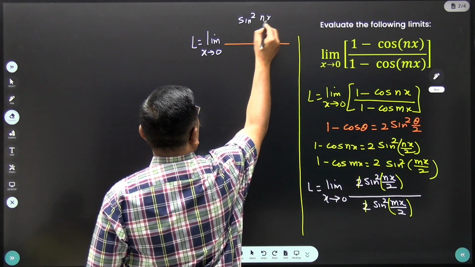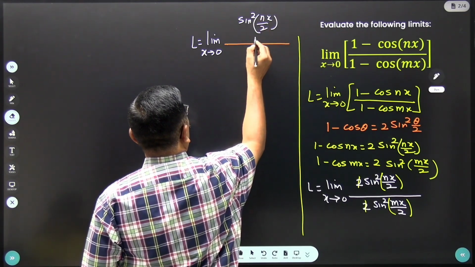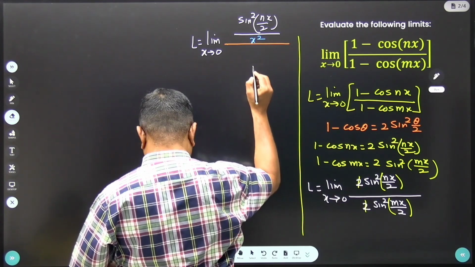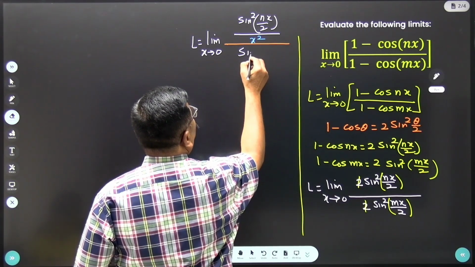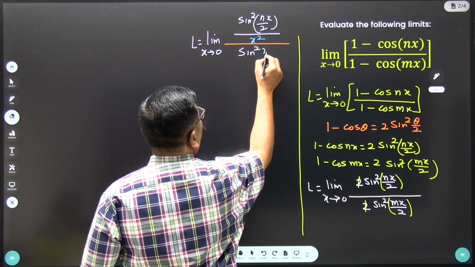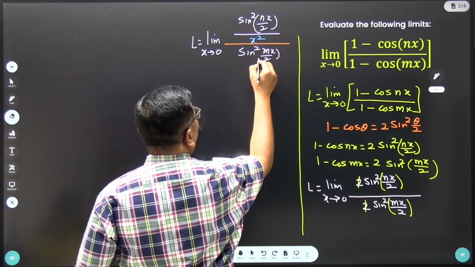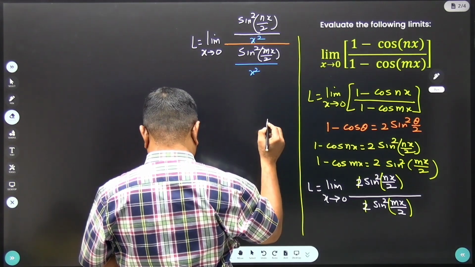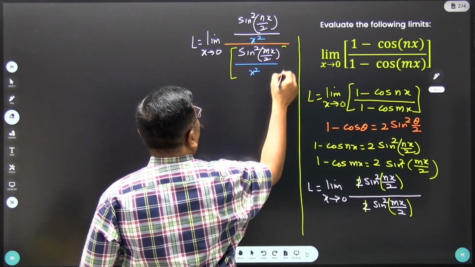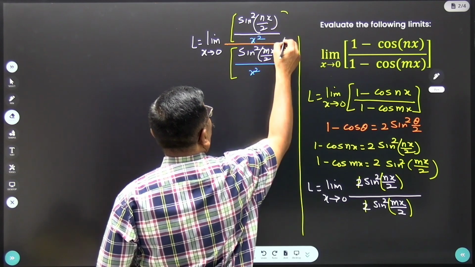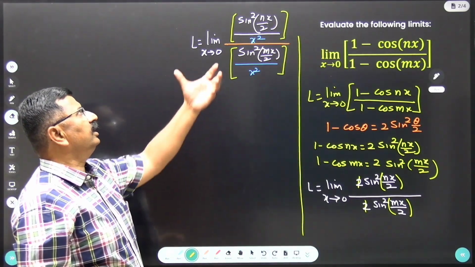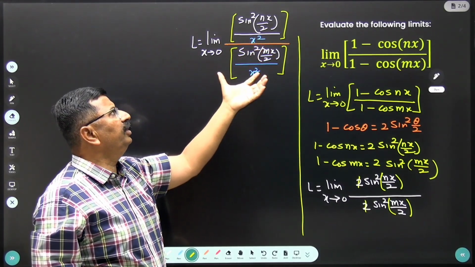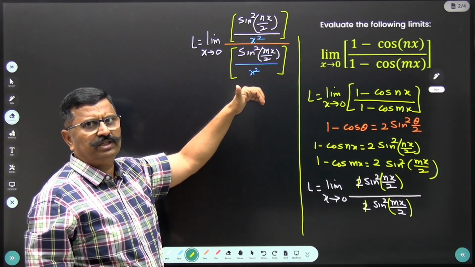sin square nx by 2 whole divided by x square, and sin square mx by 2 the whole divided by x square. So we have one expression in the numerator, another expression in the denominator. So let us take the limit of the expression in the numerator separately and limit of this expression in the denominator separately.